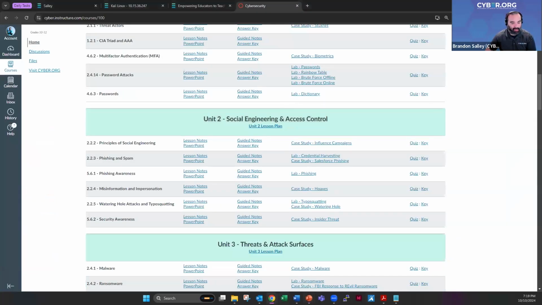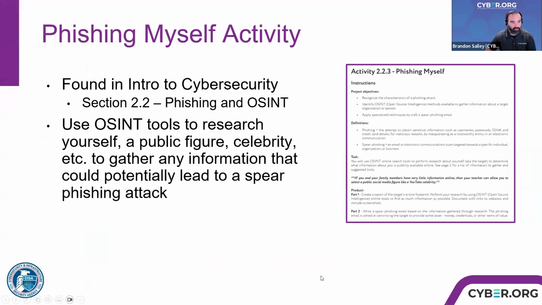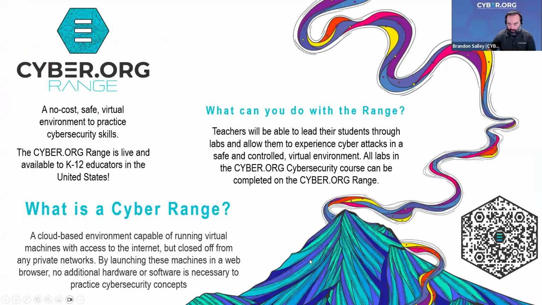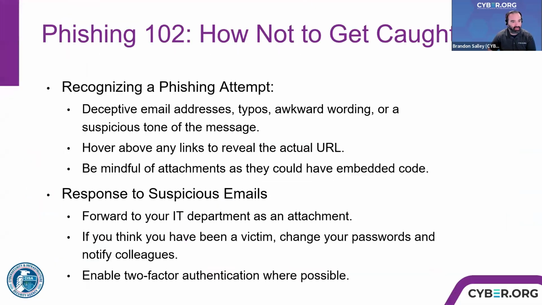As far as, let's see, so we did that. So tips on phishing and how not to get caught is first recognizing a phishing attempt. They're going to have a deceptive email address.